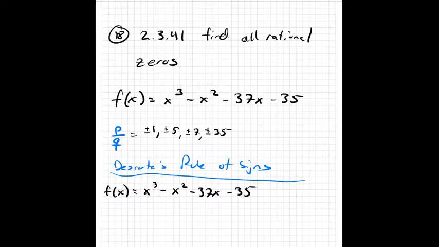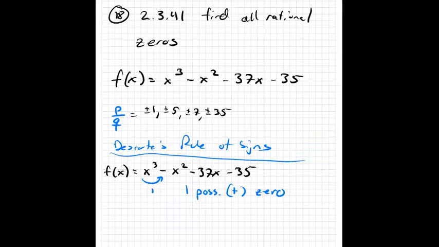So we have one sign change there, and that's it. So this means that we have one possible positive zero.